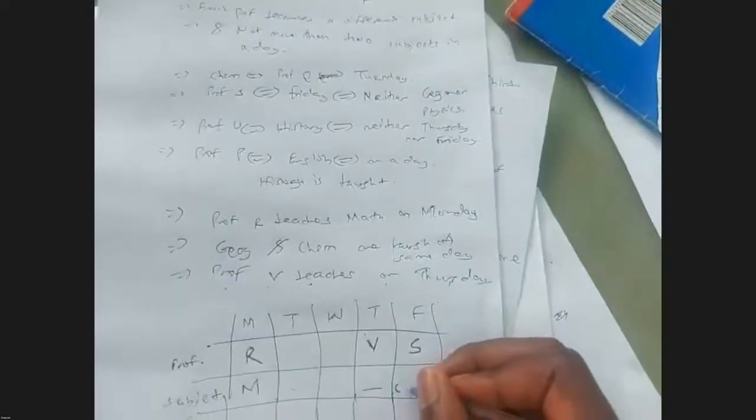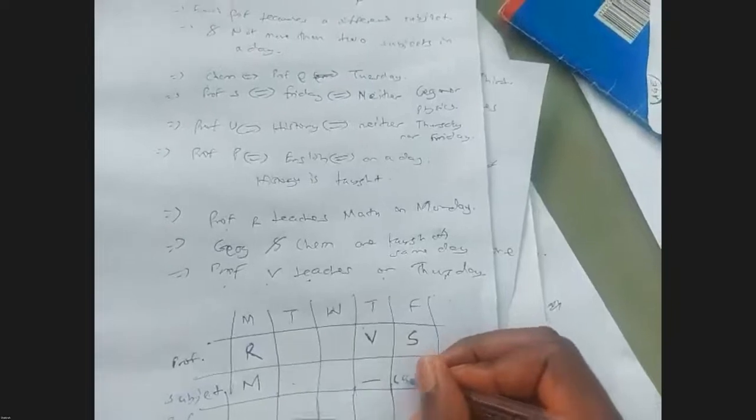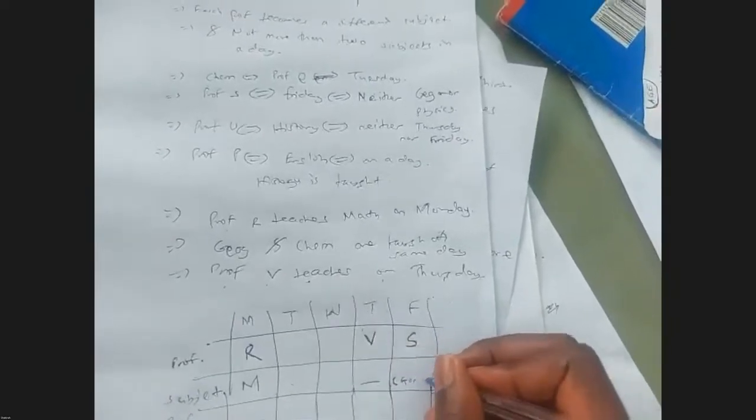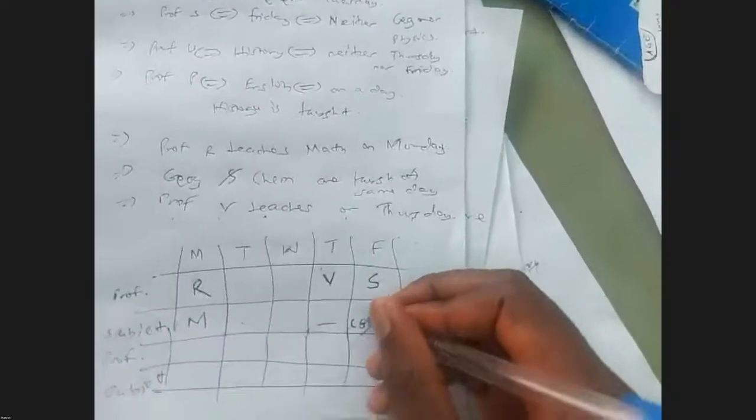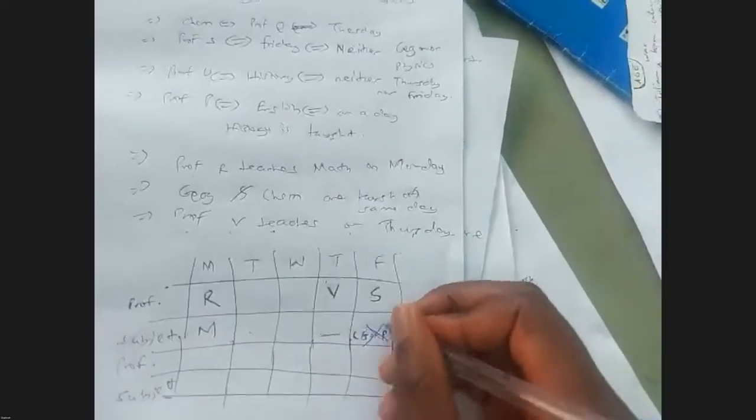So you come here, you put here in your brackets, does not teach geog or physics. You shouldn't put anything like geography or physics here. Not the final answer, just the working, but doesn't teach them.